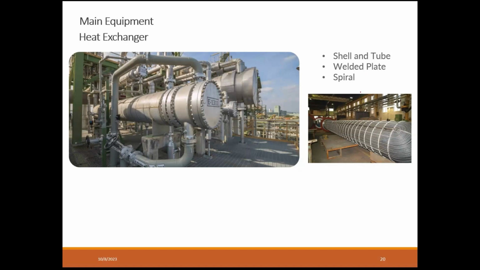For spiral, I think it's a new design. I don't have a proper picture to show. So basically, just imagine shell and tube, but the orientation or layout of the tube is spiral type. Also, the intention of spiral is to maximize the surface area contact between hot stream and cold stream.